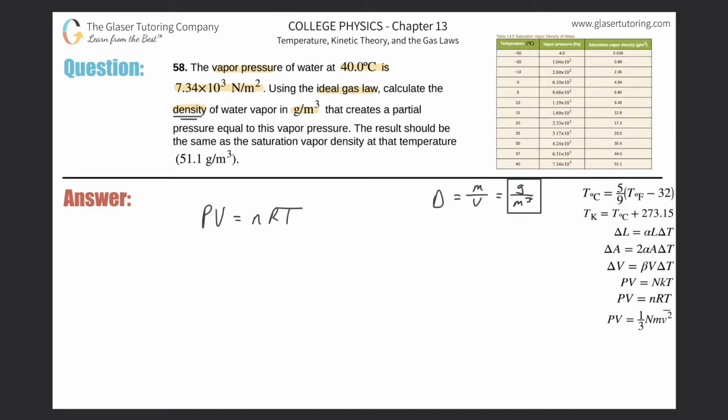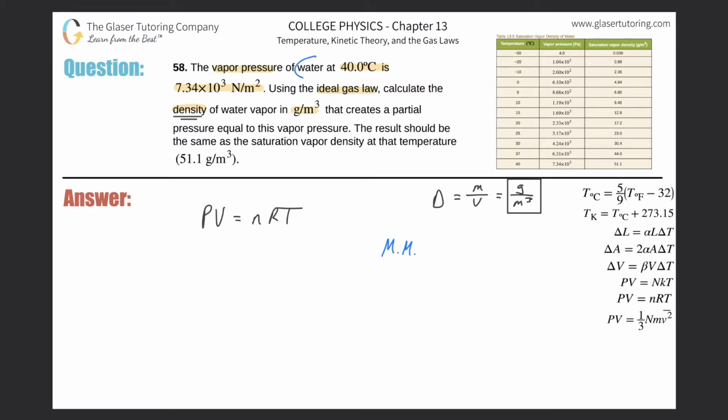The problem here is that I don't have a mass unit in this formula, right? I have a mole unit, but I don't have a mass unit. So this is the key critical insight, that the moles are related to mass via the molar mass, okay? So the molar mass, I'll abbreviate it MM, the molar mass of a particular molecule or an atom, depending upon what we're talking about.